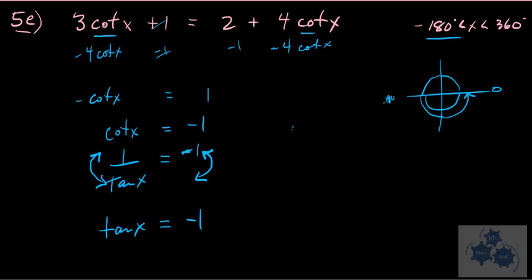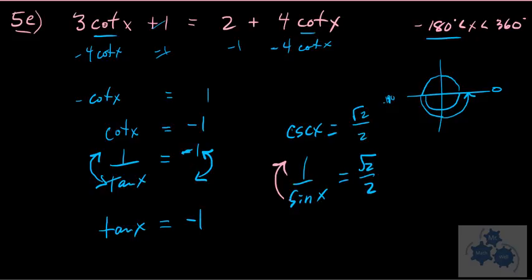Yes, same problem. Let's say we had cosecant x equals root 2 over 2. So what's cosecant x? That's 1 over what? Remember co and no co? So cosecant goes with sine. So 1 over sine x, that's what it actually is. So if I want to write this in terms of sine x, let's flip everything on both sides.